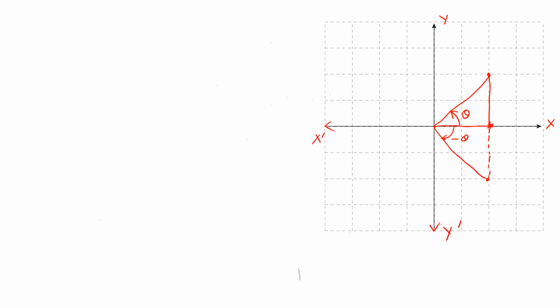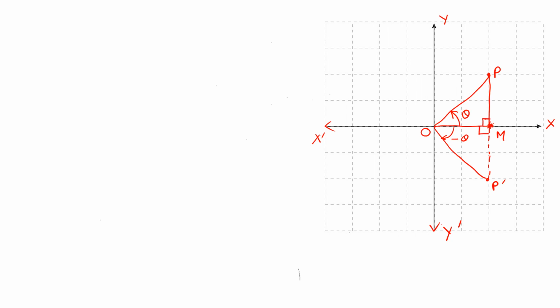Now you can see over there, if I give names, this is P, O, this is P dash, and this I am calling M, and this one is 90 degrees. You can see this one is also 90 degrees.